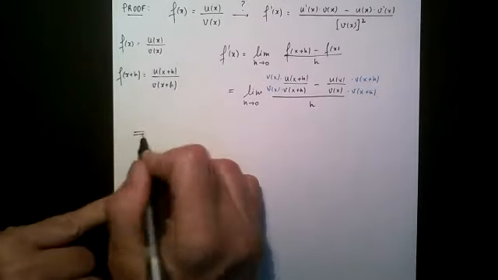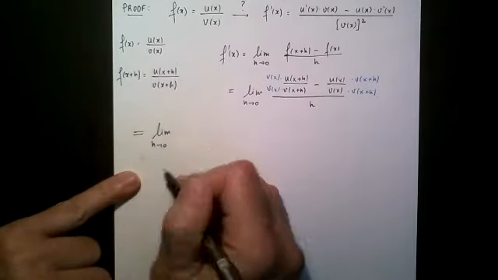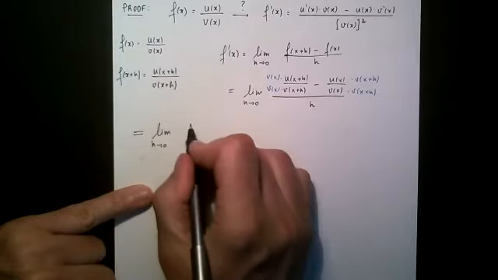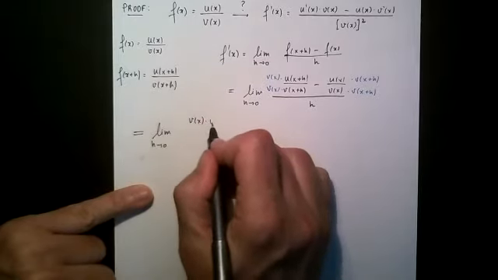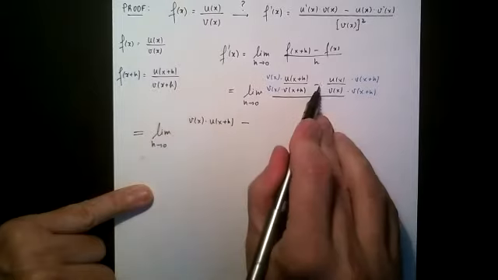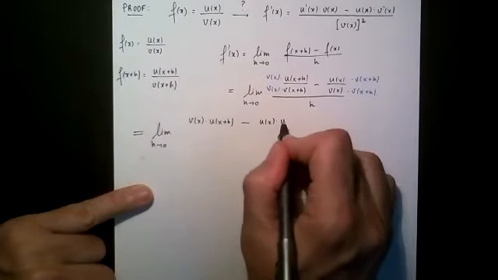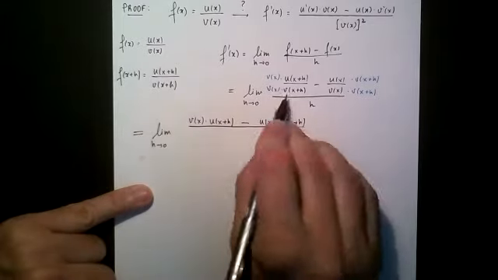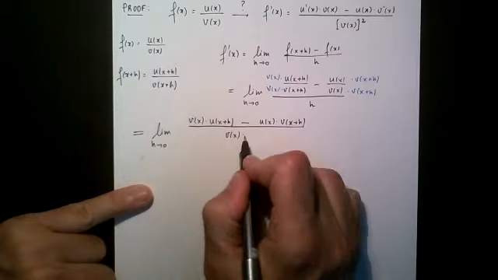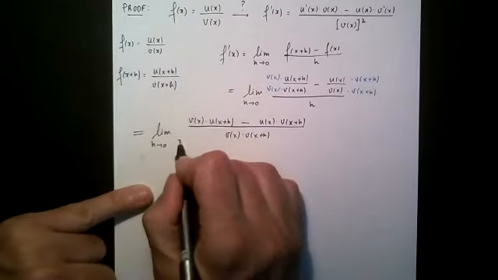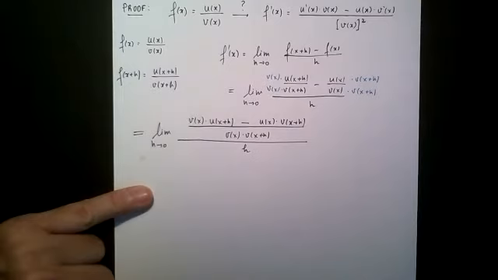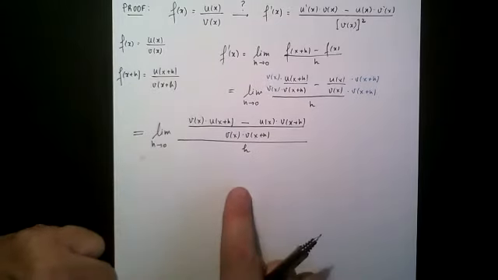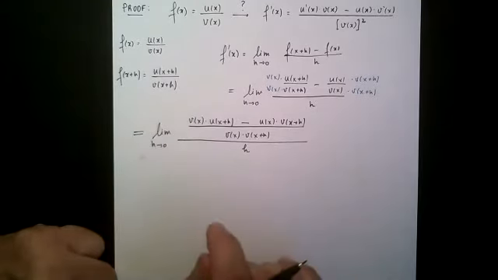Equals the limit as h approaches 0, and on top I will have v of x times u of x plus h, minus u of x times v of x plus h, over the common denominator v of x times v of x plus h, and all this over h. Is that where we were up to last time? Yes, perfect. Let's continue from where we left off.